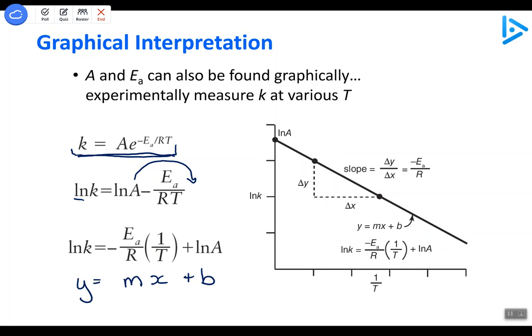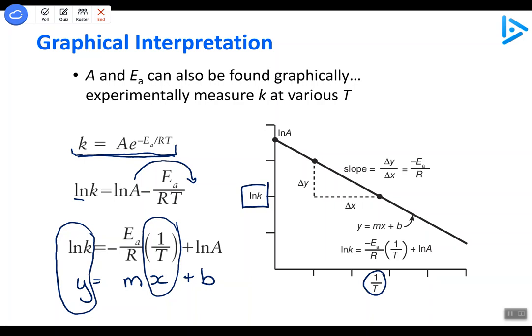This just gives us a richer way to interpret our data and to predict either way what the temperature or rate may be. Based on this formula here, we can see that ln K is the y-axis. So we can plot the ln of the specific rate constant along the y-axis and the ln of 1 over T as our x-axis.